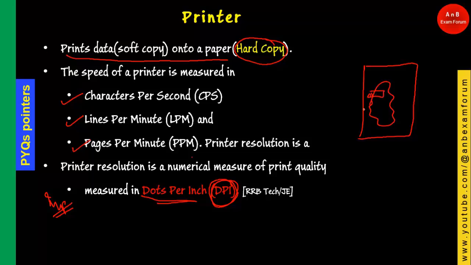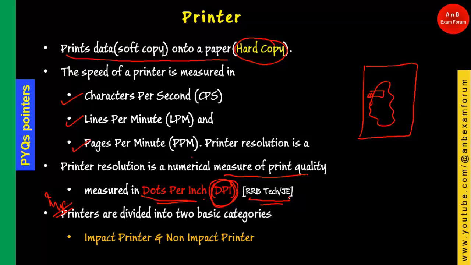It is similar to a pixel, but since it is a hard copy, these are known as dots. Dots per inch is used to measure the print quality, so DPI is related to the printer. This question we have seen in RRB Technician and JE.